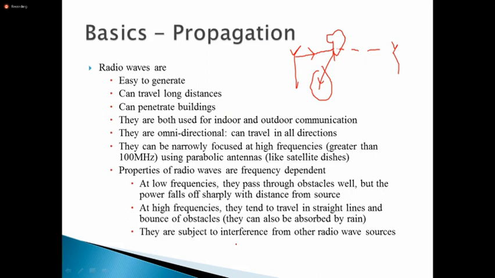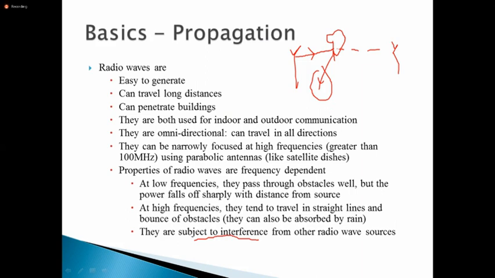No matter whether it is high or low frequencies, radio waves are subject to interference from other radio wave sources. This is the effect of interference, and this is why in cellular communication we needed to do the frequency reuse concept, and also reuse the frequencies at higher distances.